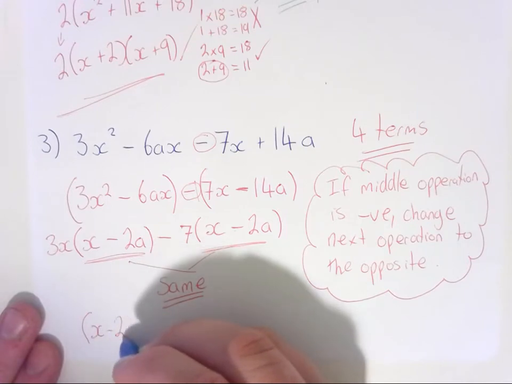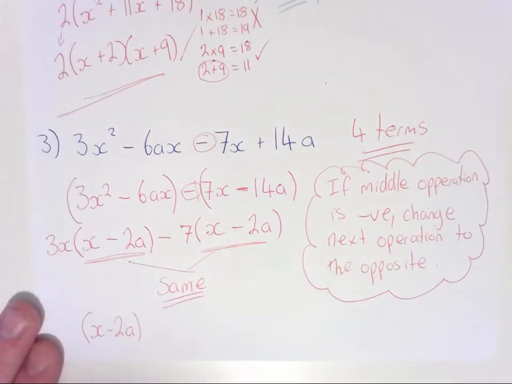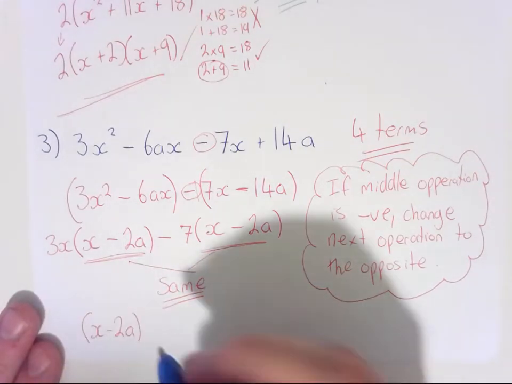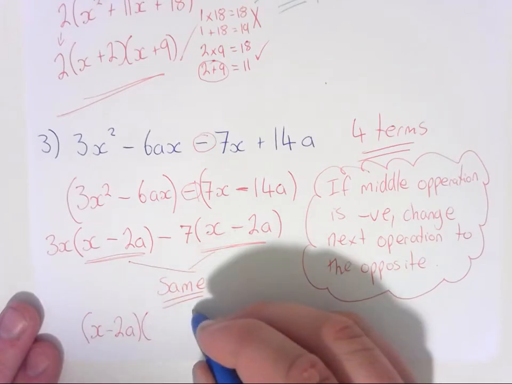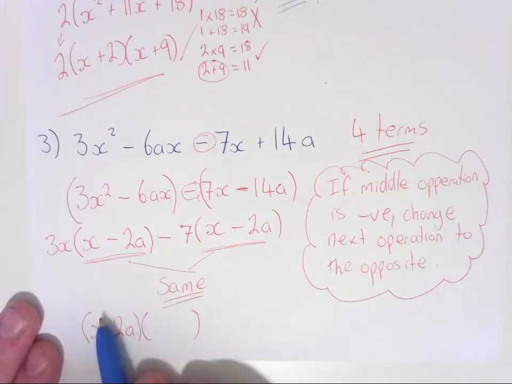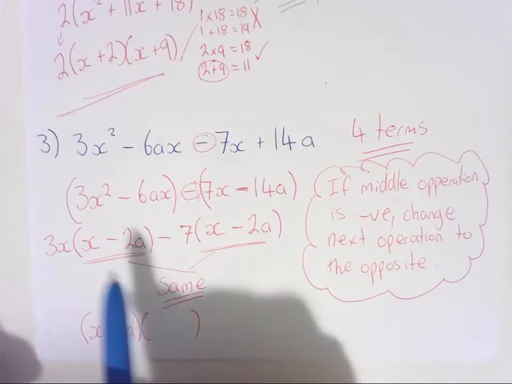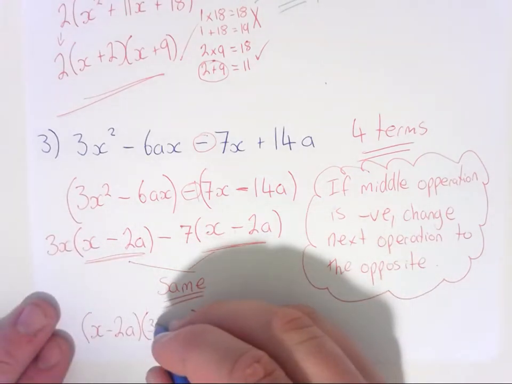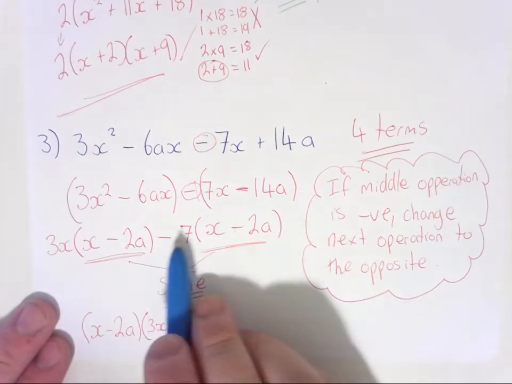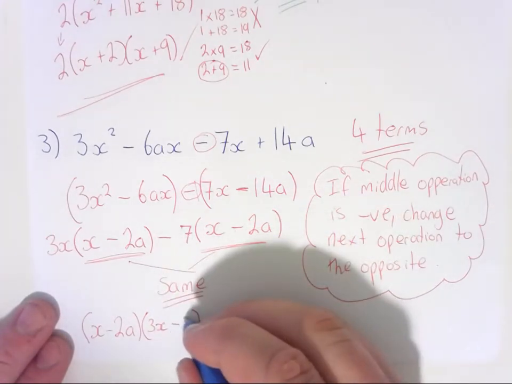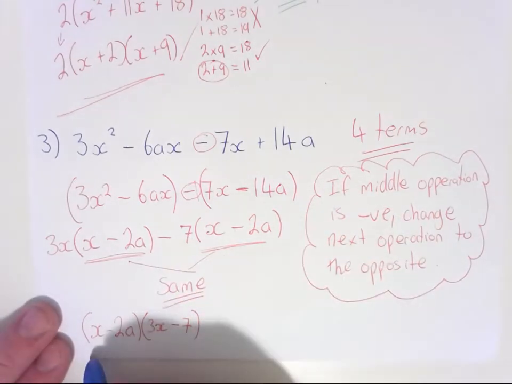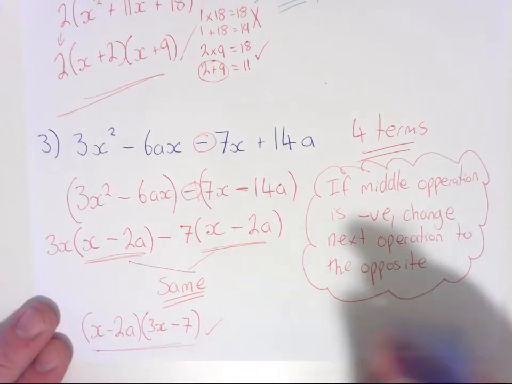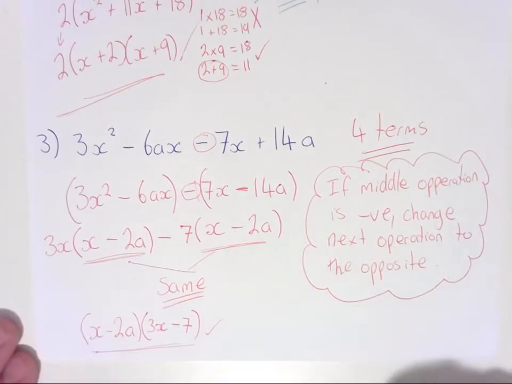Because these are the same, I'm just going to take one of them, x take 2a. For our next lot of brackets, because we still want two sets of brackets multiplied by each other, I just take the coefficients of these brackets, 3x and negative 7. And that is my final answer.